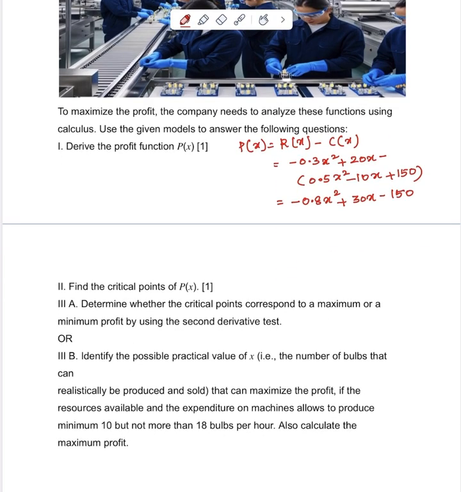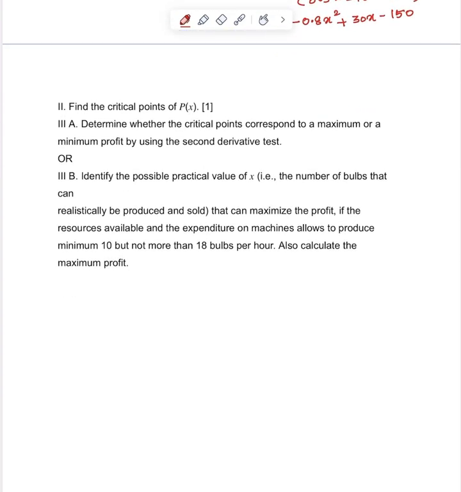Subdivision 2. Find the critical points of P of x. To get this, first we need to differentiate P of x with respect to x. So P dash of x will be equal to minus 1.6x plus 30. Put this to 0 to get the x value.